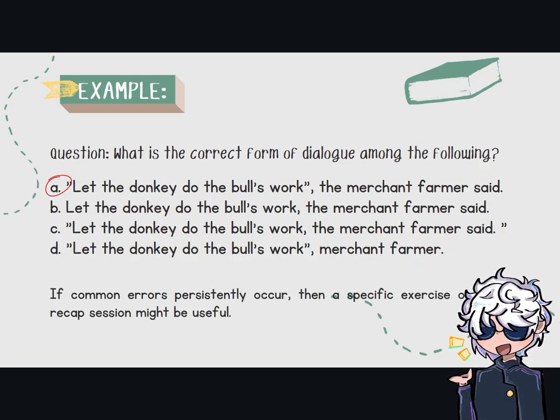Yes, letter A. That is the correct form of dialogue among the following. In this activity, the correct form of dialogue is going to be emphasized to them. Of course, if common errors persistently occur, then a specific exercise or recap session might be useful.